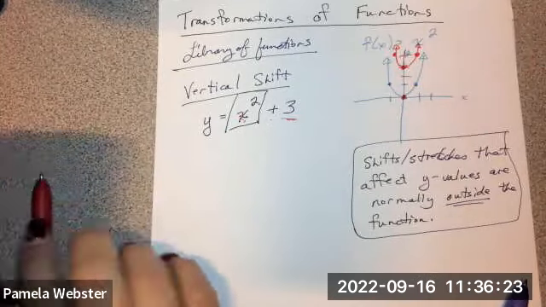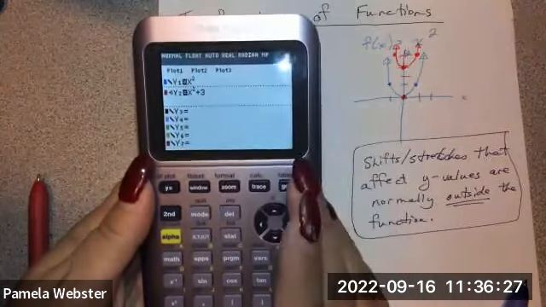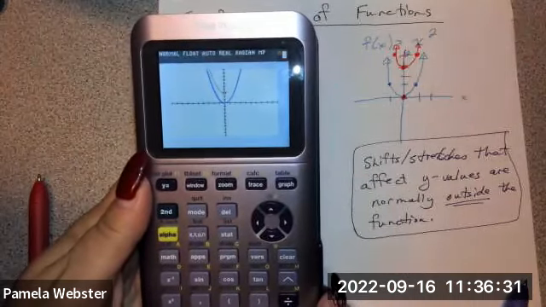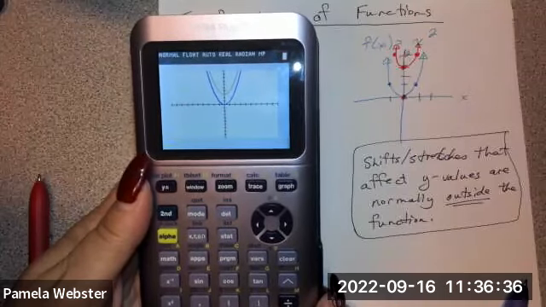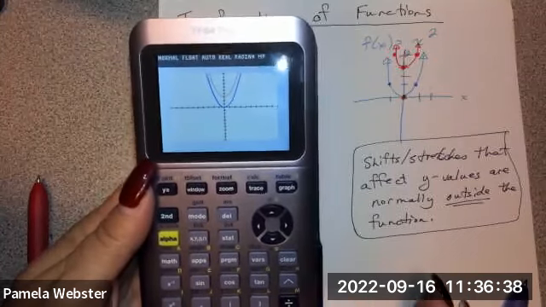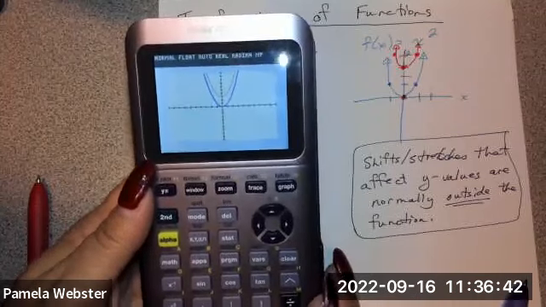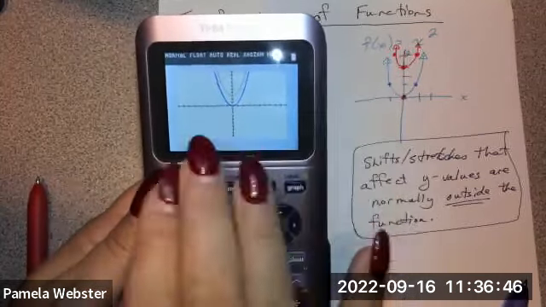Okay, so let's make sure the graphing calculator agrees with me. I've got y equals x squared plus 3, and I'm going to tell it to graph. Here's my original, and there's the other one. Okay, and again, hopefully it looks like we shifted it. And if you've been doing any x-intercepts and y-intercepts, which we've had some of those definitions in this class, the y-intercept is where we cross the y-axis.